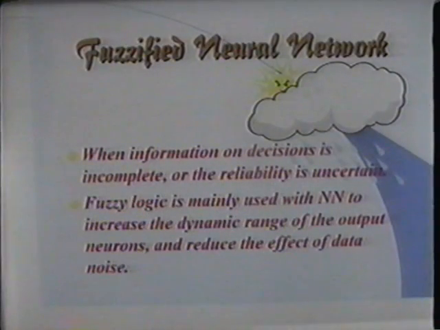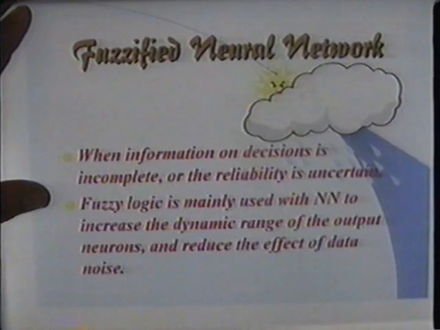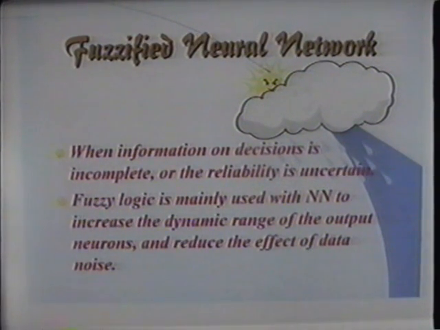The last subject that I want to cover is the fuzzified neural network. The fuzzy technique is becoming very popular in a number of areas, including controls and classifications and so forth. Fuzzy logic is also becoming more and more popular in neural network applications, either by developing a structure of neural network based on the fuzzy logic itself, where you get the fuzzy logic and then implement it using a neural network, or you can use the fuzzy logic as a filtering technique.